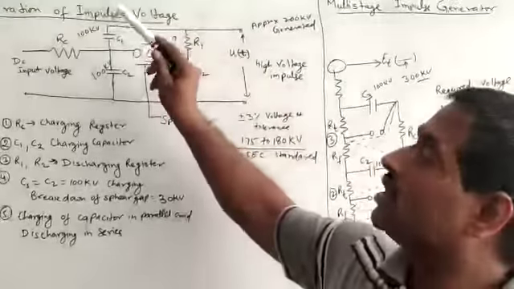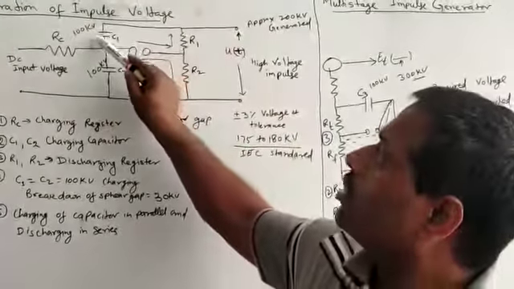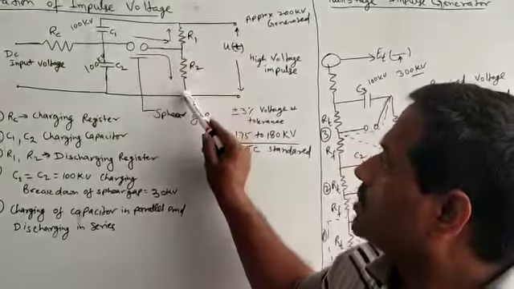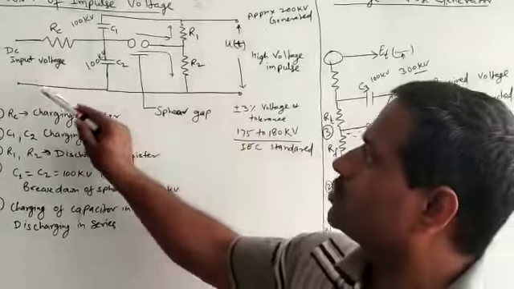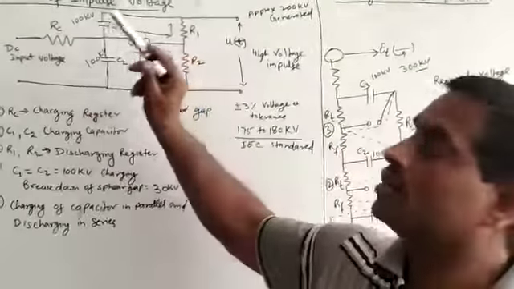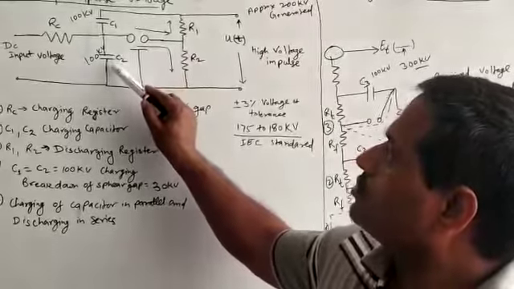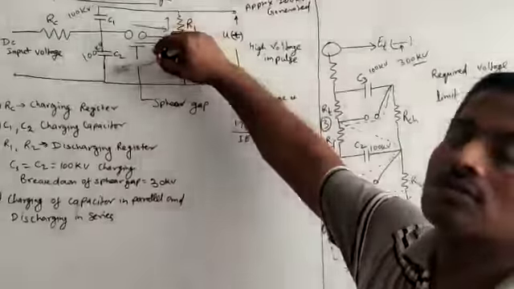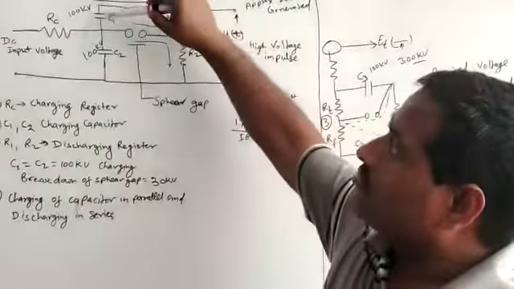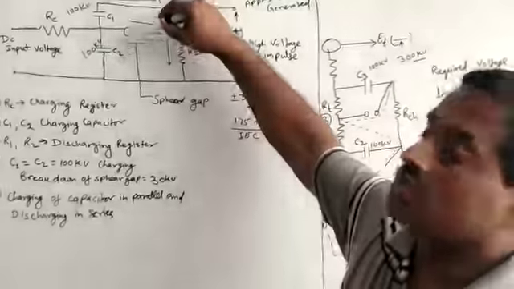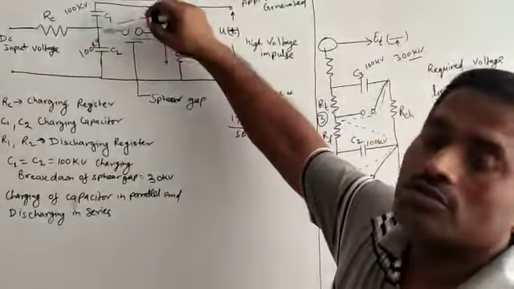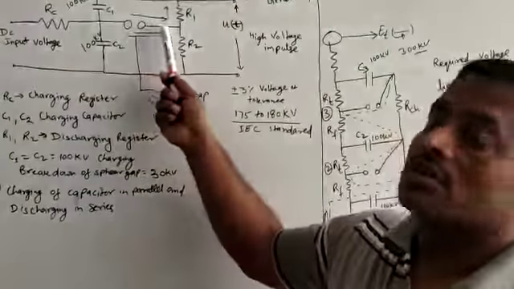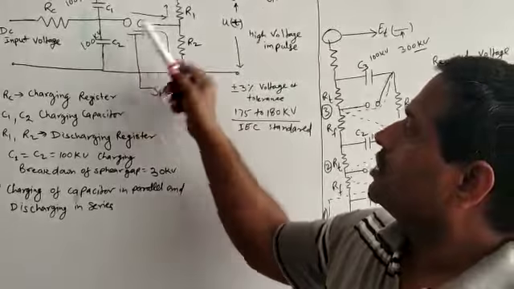During charging, the path of C1 goes through the R1 resistance and R2 resistance, and C2 will be charged through this direction. After the capacitors charge, the total becomes 200 kilovolt, and at this charging the path will carry on to the sphere gap.